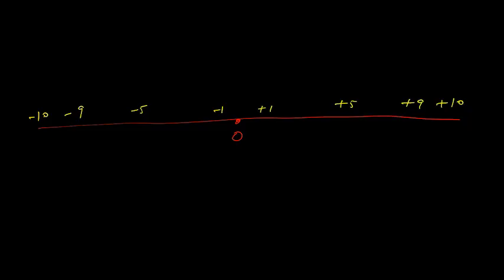On the number line, anything towards the left is less than anything towards the right. So if I compare -9 and -10, -9 is greater than -10. Whatever is at the right side is greater.